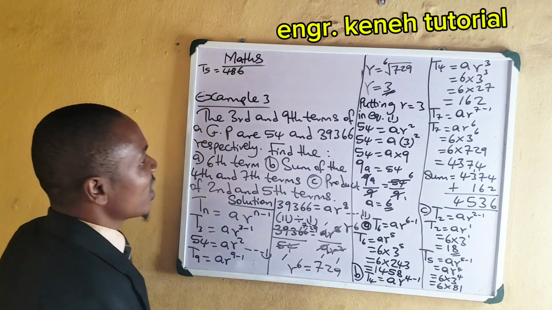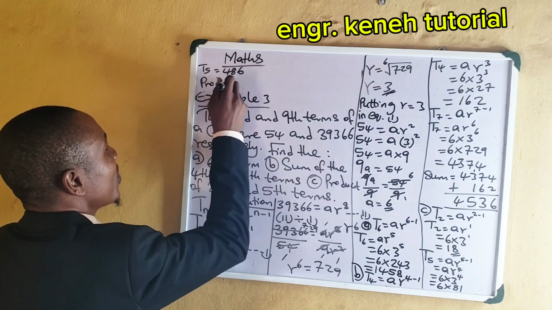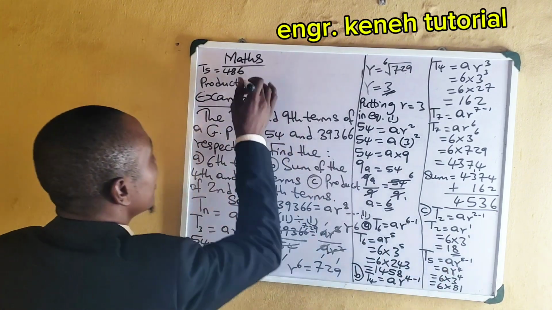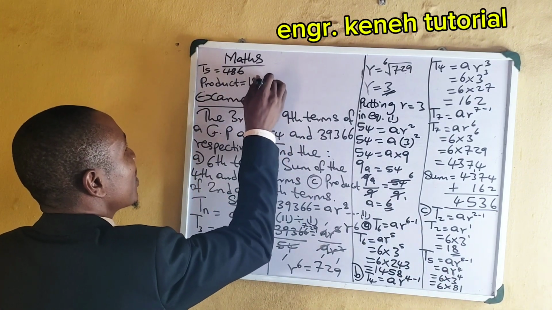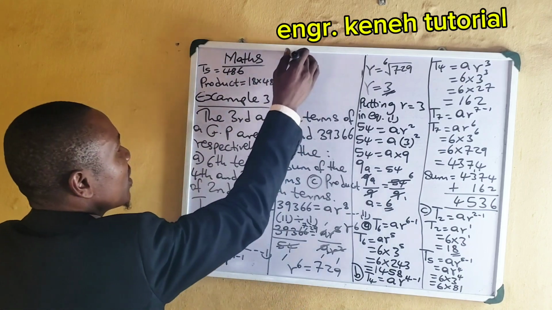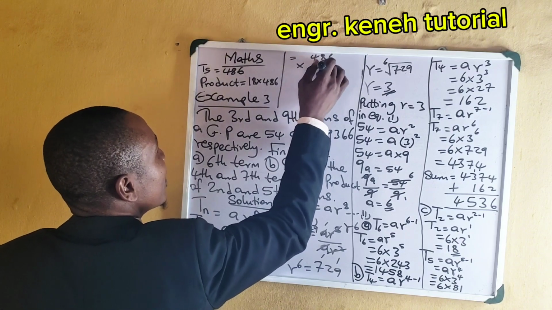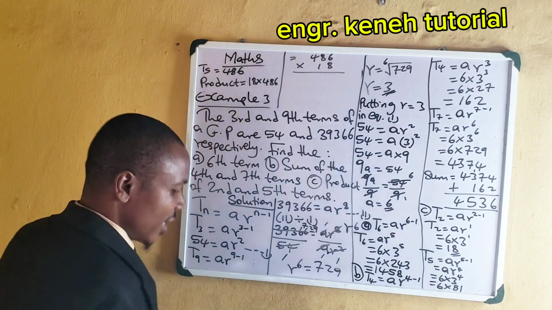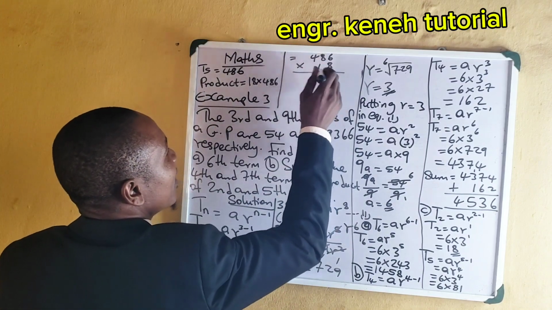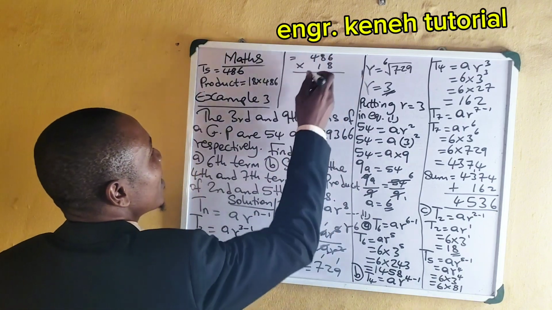All right, so the question says we should find the product. So the product is equal to 18 times 486. Can you see that? All right, let me solve it here. 486 times 18. 8 times 6 gives me 48, write 8, carry 4. 8 times 8 gives me 64, plus 4, I'll have 68.